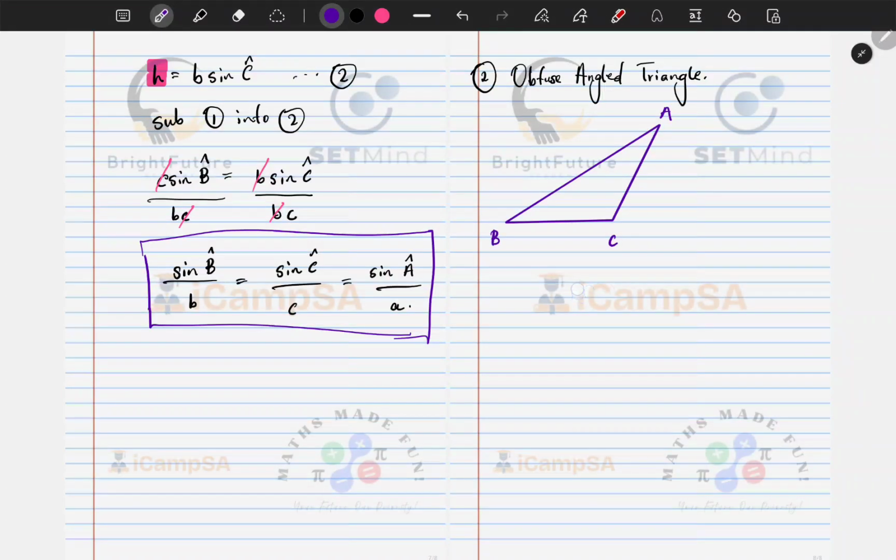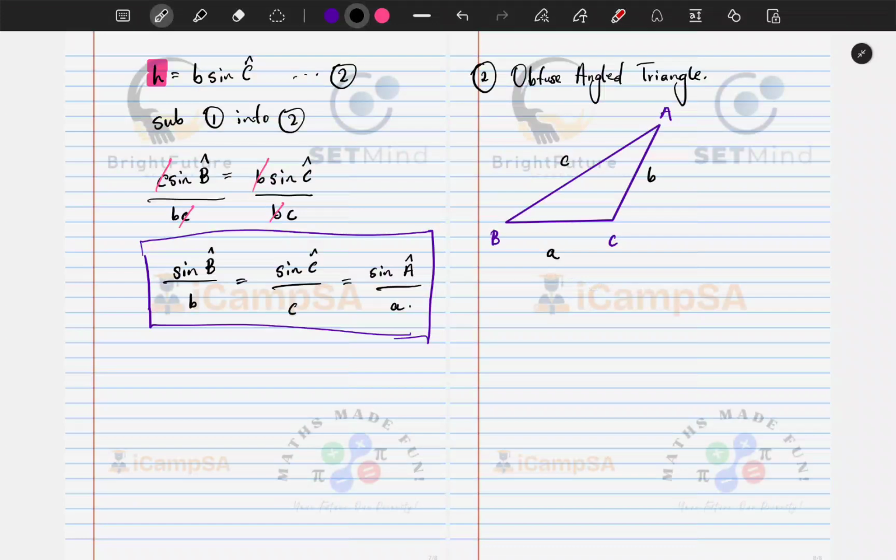Now remember how we name the sides. This side, because it's opposite here, is going to be your A, and then this is going to be your B, and then this is going to be your C. You don't have to cram doing it this way. However way you want to do it, just make sure that your side corresponds with your angle.